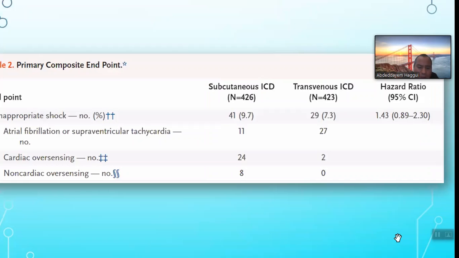The inappropriate shocks observed in patients with S-ICD were increased by the phenomena of cardiac and non-cardiac oversensing. And if we assume that the SMART Pass algorithm was running, inappropriate shocks would be less frequent with the S-ICD compared to the transvenous ICD.